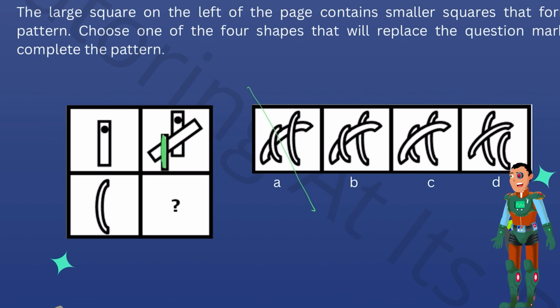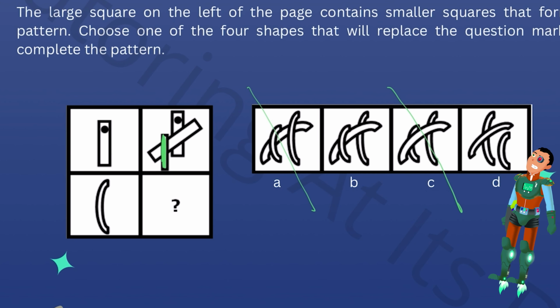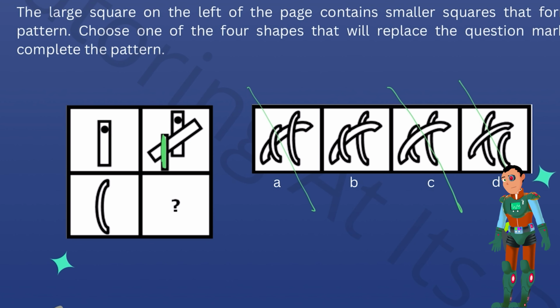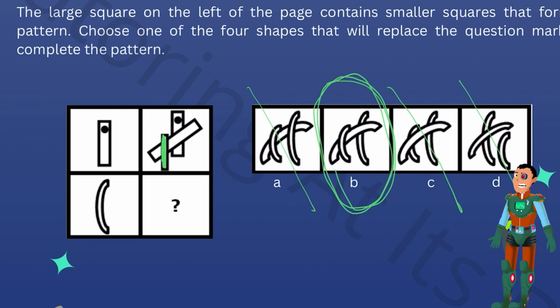So our small C shape should not go over the first shape. So firstly, we can eliminate C because it's not going over the diagonal C shape at all. And we can eliminate D because it's going over neither of the C shapes. So our answer is B, as this goes just over the diagonal C shape.